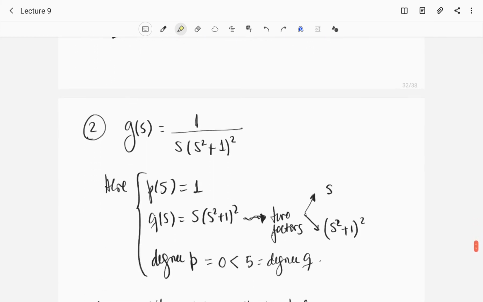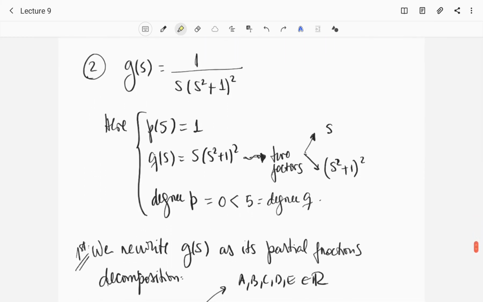Okay, second example: 1 over s times (s squared plus 1) squared. So we have two polynomials. This one is degree 0, and this one is degree 5, right? Of course, 0 is less than 5, so we are in that situation.